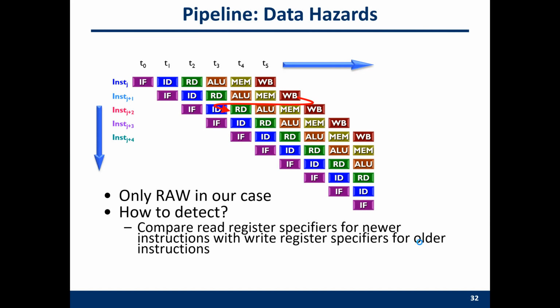Then we need to check the read register specifier using the name of the source and the name of the destination.